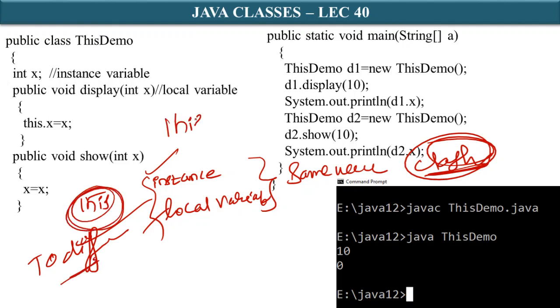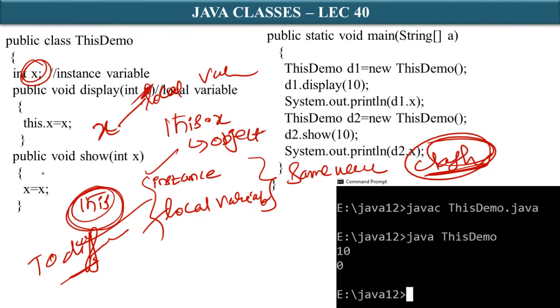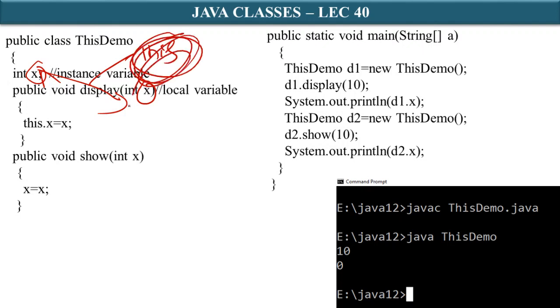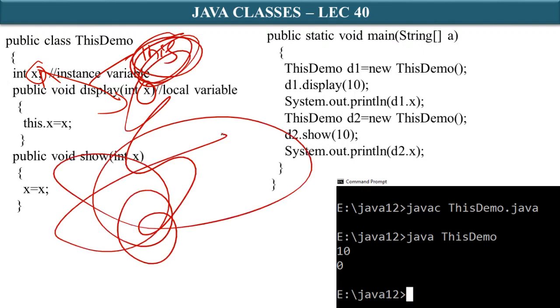If I say this dot X, it is related to the object; that is the instance variable. If I just say X, it's a local variable. To differentiate a local variable like this X from an instance variable like X, if they have the same name, I need the keyword known as this keyword.